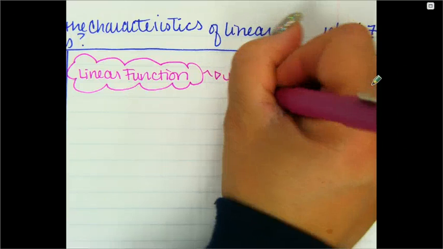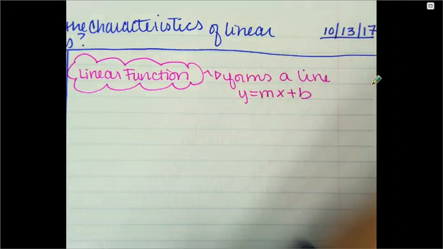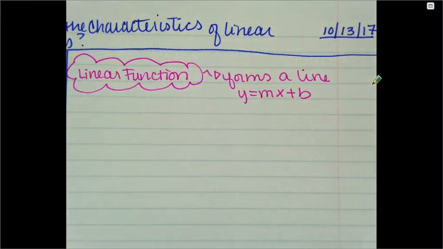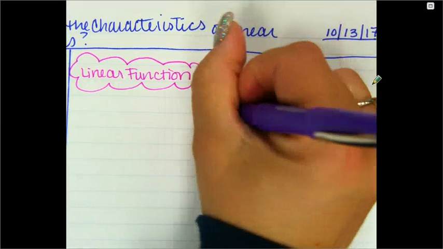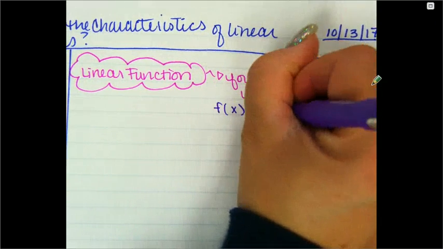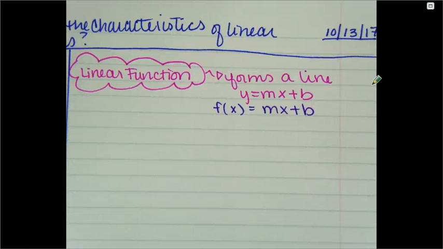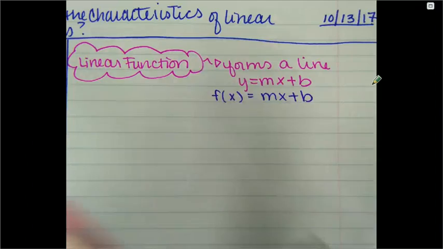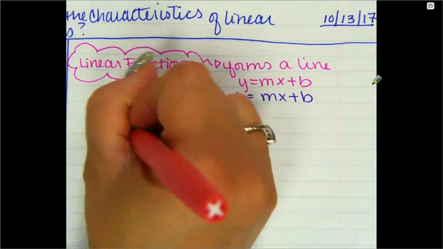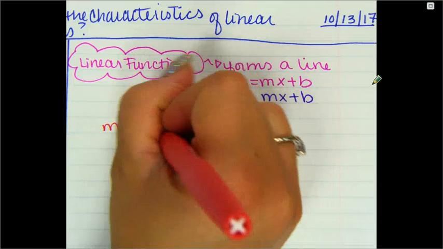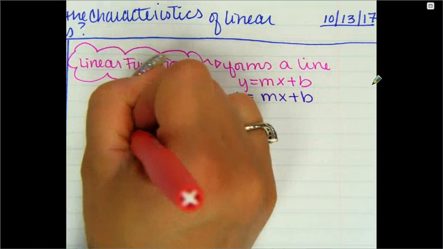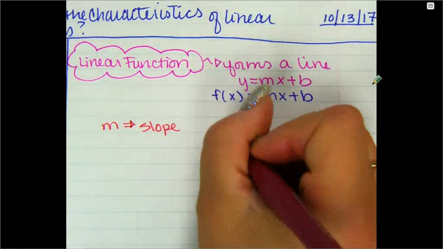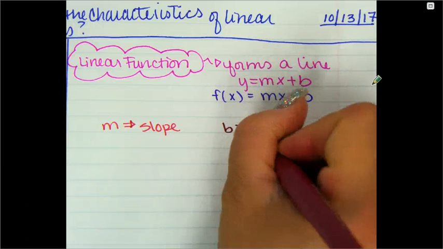You're used to y equals mx plus b. But we talked about functions, so we also know we can rewrite it as f of x. Very good. f of x equals mx plus b. Remember that m identifies your what? Your slope. That's what you did yesterday. And b identifies your y-intercept.